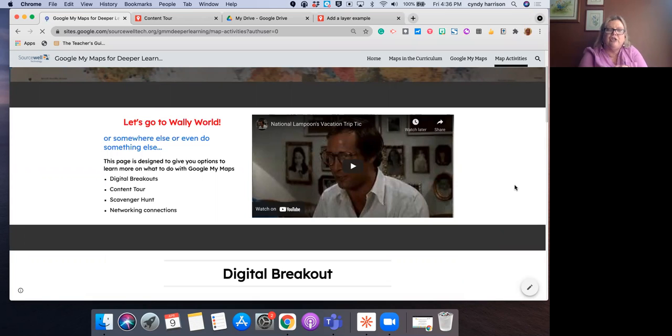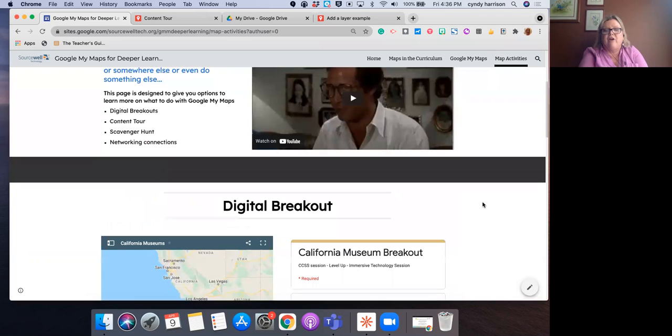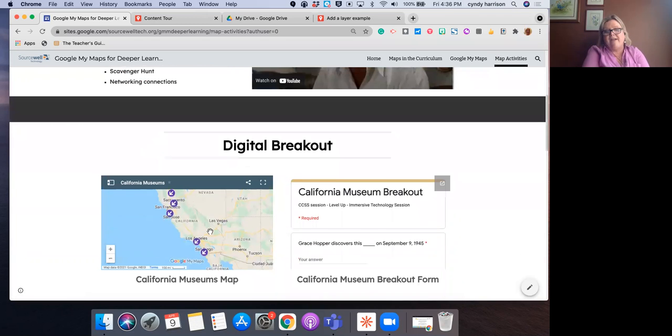But what else you can do with a map is I have built a digital breakout where you can go visit some museums in California and go through there, and you can see how I've changed that into those individual styles on that particular map.